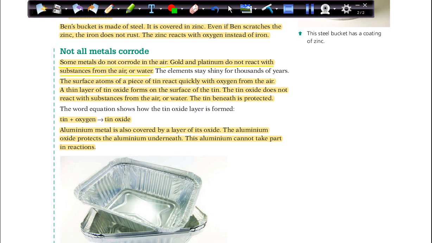Gold is very expensive because it's very suitable and it's perfect. It doesn't react. It's still shiny. It will still shine even underwater. And even platinum, which is the white gold, as I mentioned before. They cannot react with substances from the air or water.